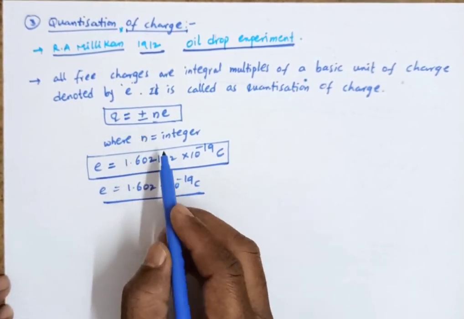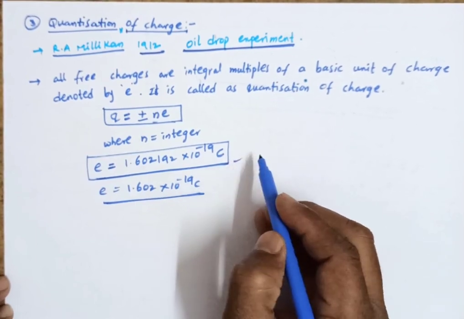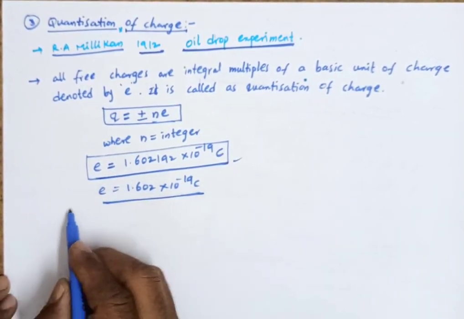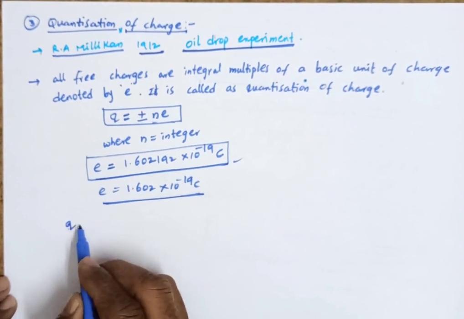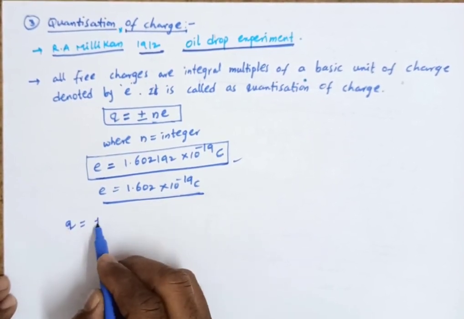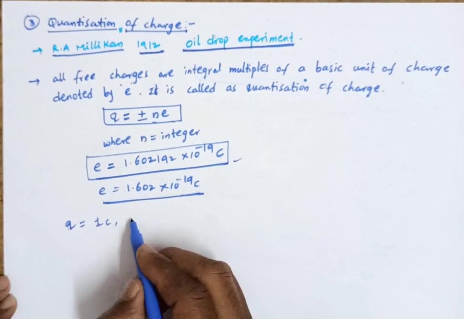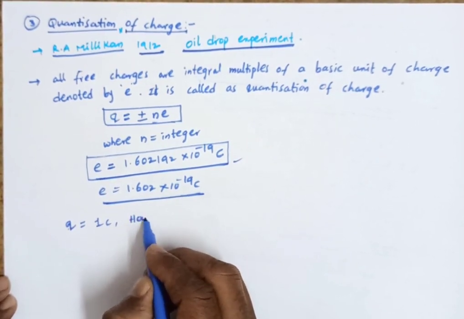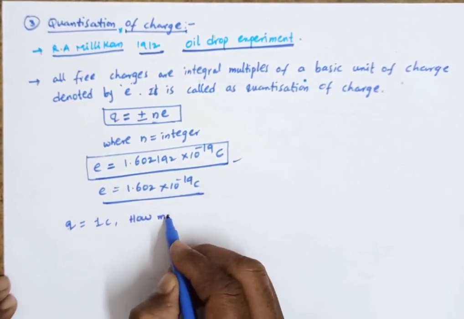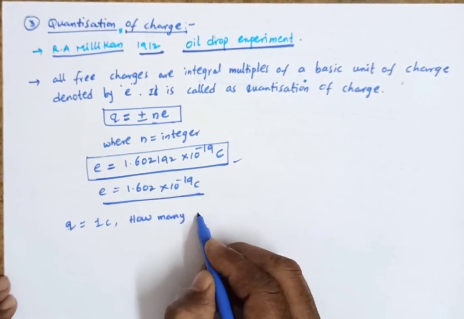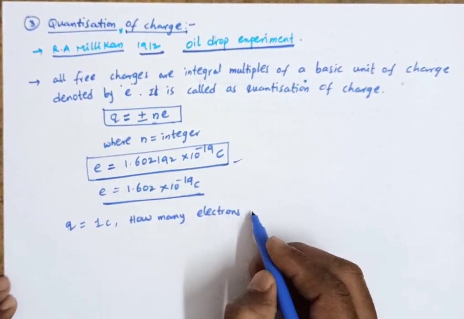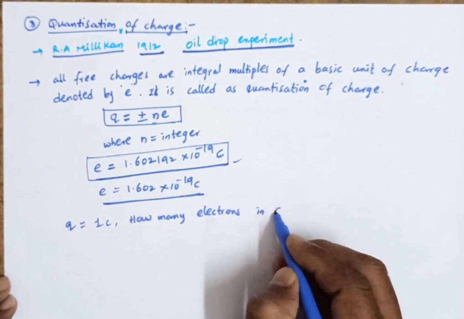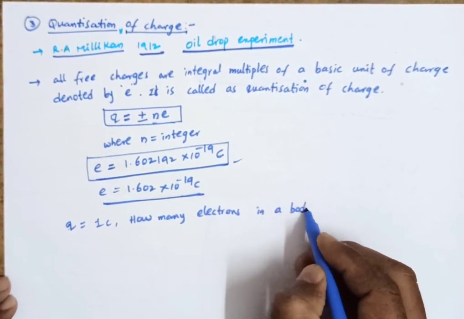For example, if the charge q equals 1 coulomb, how many electrons are in the body?